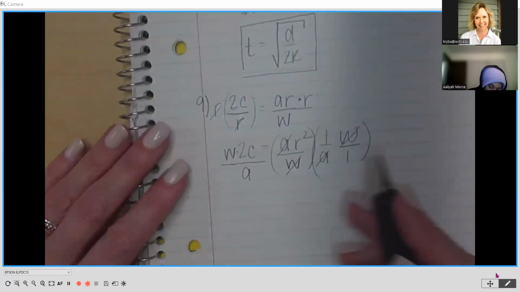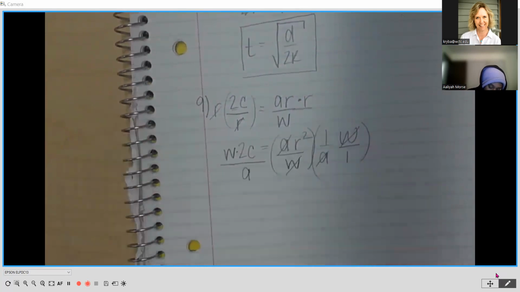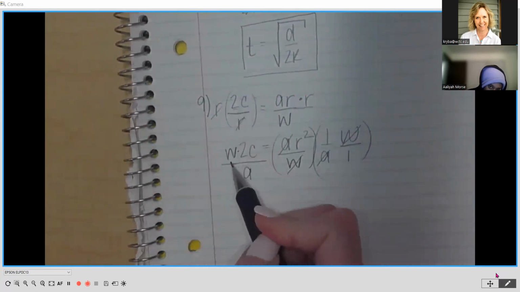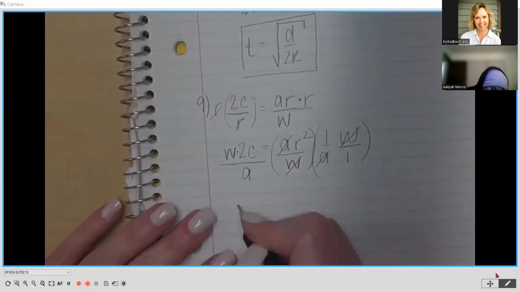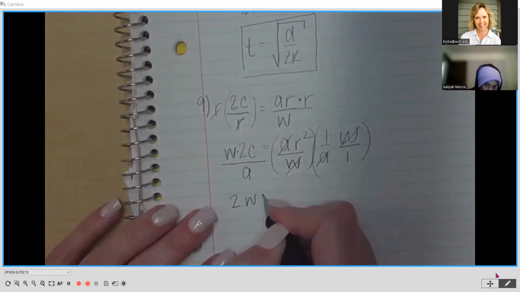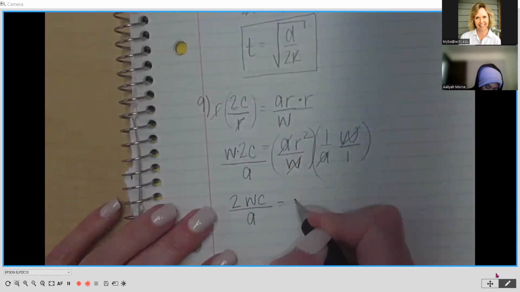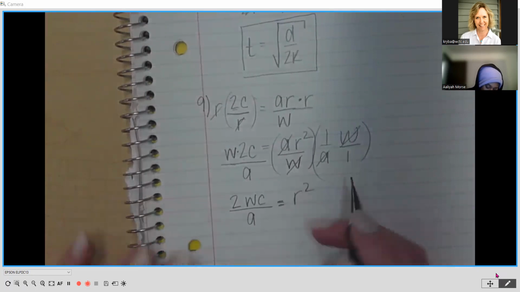So now our final answer is going to be, when we have something like this, W2C, just because of the order that I wrote it in, the 2 should come first in our final answer, best practice, right? If you leave it as W2C, I'll never mark it wrong because it really doesn't matter what order we multiply them in. But the standard way that you'll most often see it is going to be 2 times WC divided by A is going to be equal to our R squared.